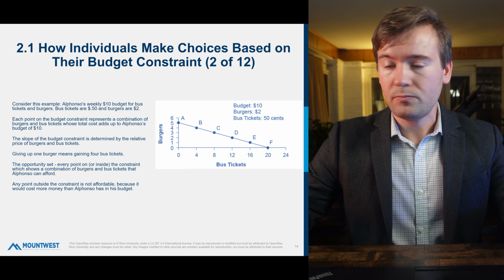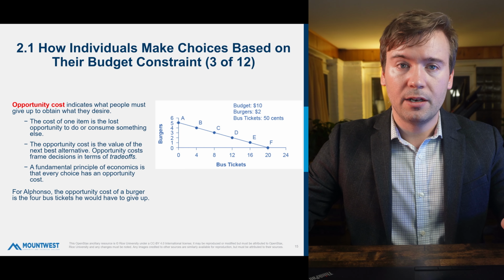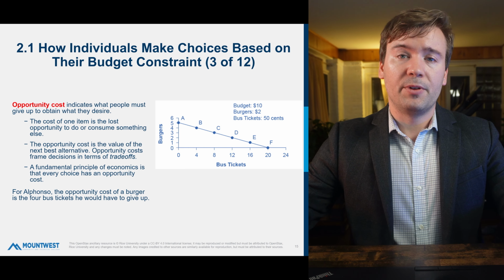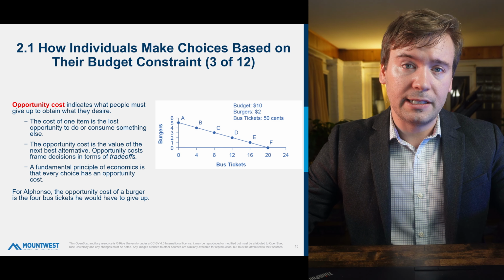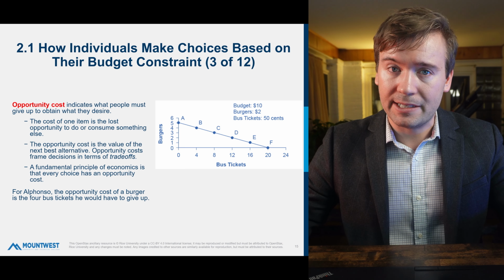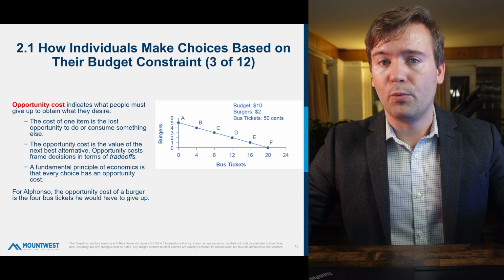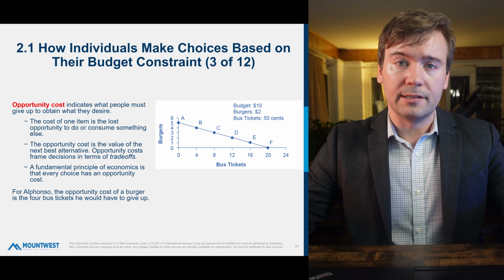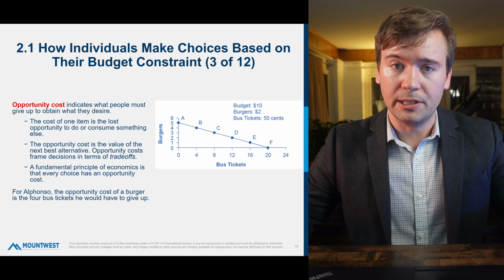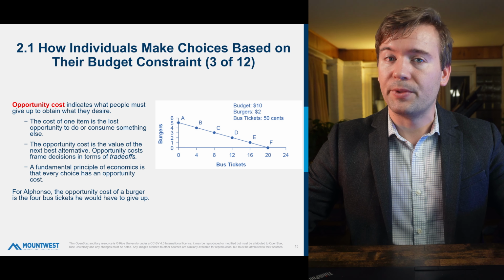All right. So then here's where the concept of opportunity cost comes in. Opportunity cost indicates what people must give up to obtain what they desire. So the cost of one item is the lost opportunity to do or to consume something else.